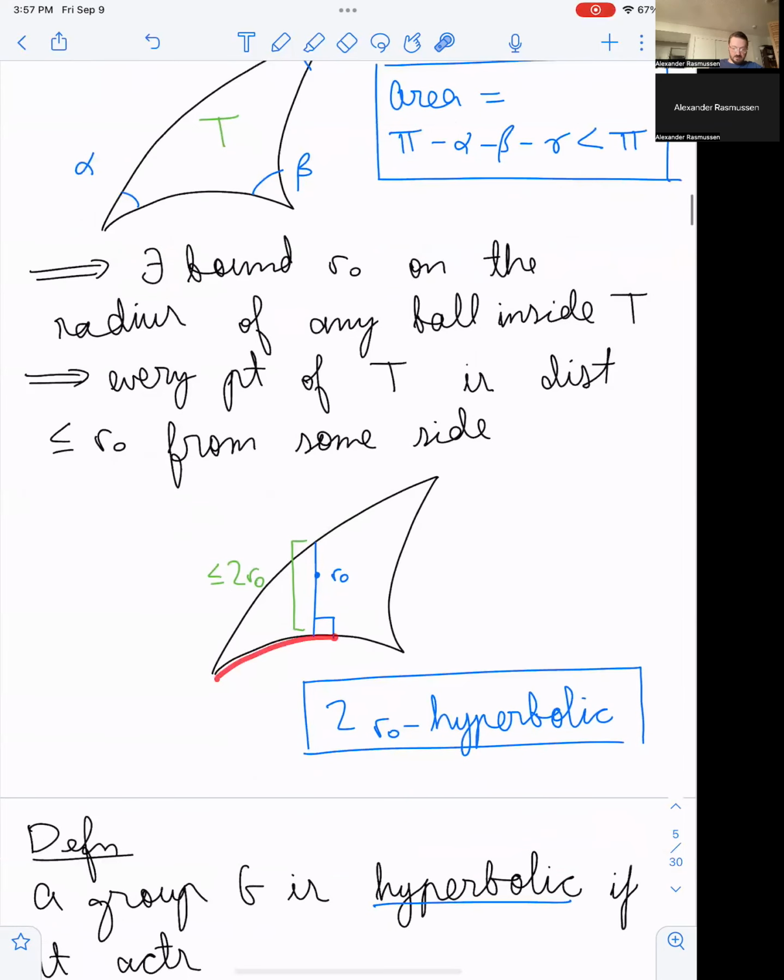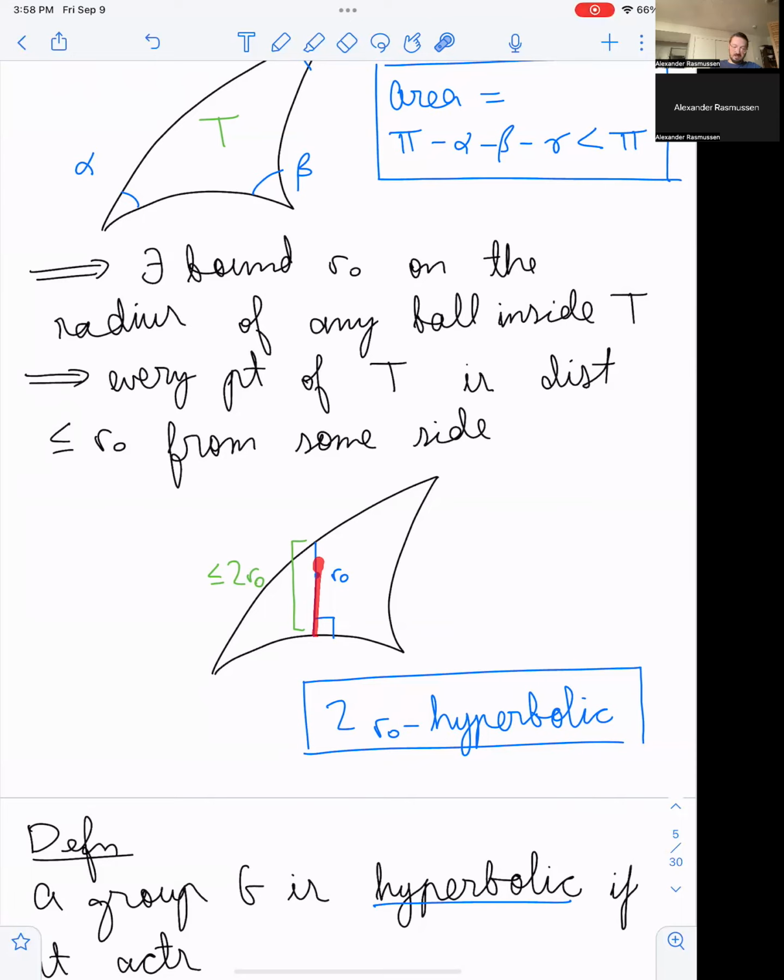So, okay, let's pick a point. And now we can just imagine traveling orthogonally away from the side of the triangle until we hit one of the other two sides. And as we do this, we may move a distance R naught without hitting one of the other two sides. If that happens, what do we learn? Well, we just go a little bit further than R naught, and we know we're at most R naught from some side of the triangle, but we're actually distance greater than R naught from the side we started on.